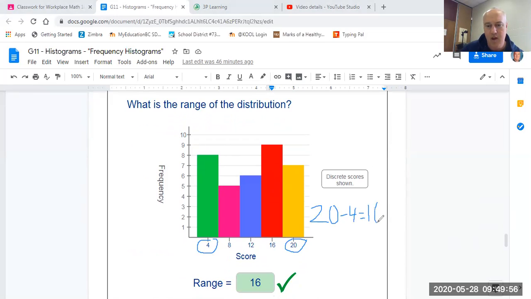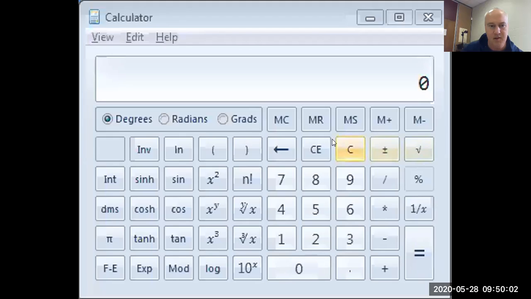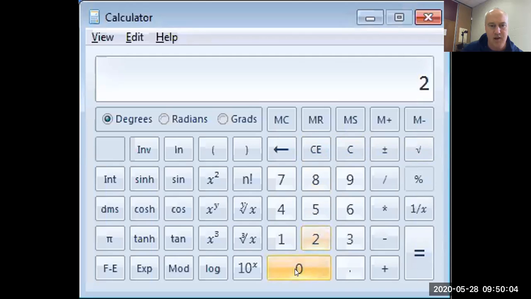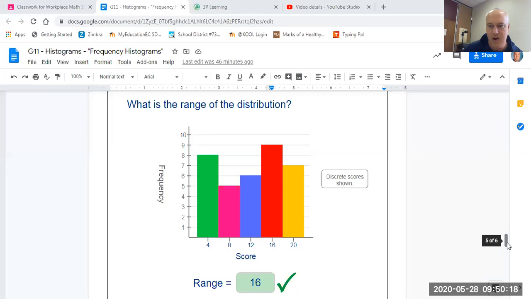Now, if for whatever reason you weren't able to do that in your head, we can go to our calculator and just double check that. But basically, we have 20, which is the highest number, minus the lowest number, which is 4. So the difference between those two, in other words, the range of those numbers, is 16. And so that's why when we come back in here, we will see that the correct answer is, in fact, 16.